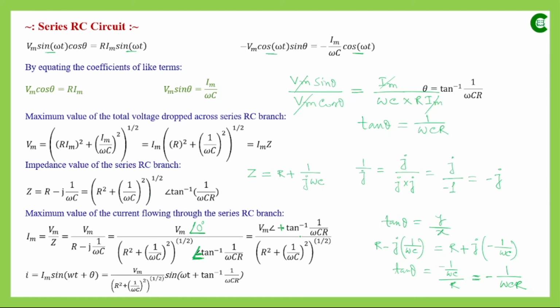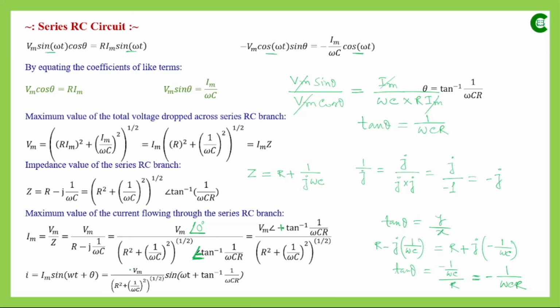Now if we want to obtain the expression of instantaneous current in case of series RC branch, then small i will be expressed as Im sine omega t plus theta, since I leads voltage. So it is plus theta, and this is the measurement of the phase difference. Now this Im we have already obtained in the previous step, Vm divided by this much value.